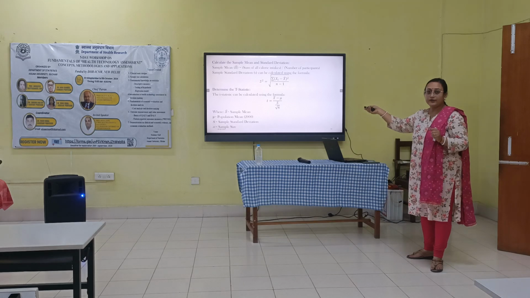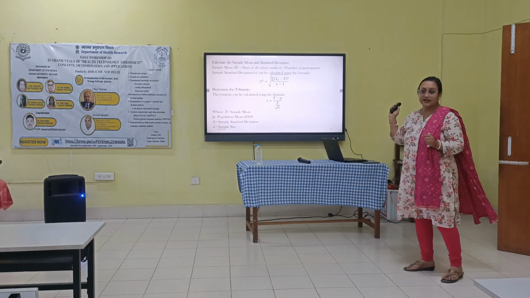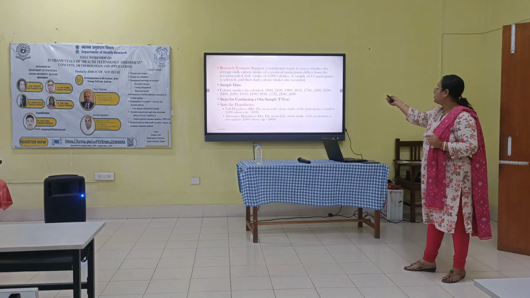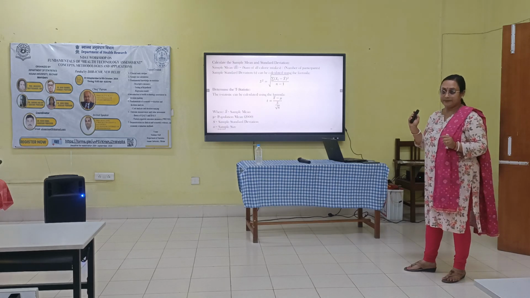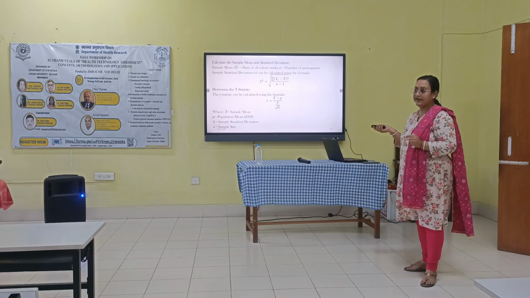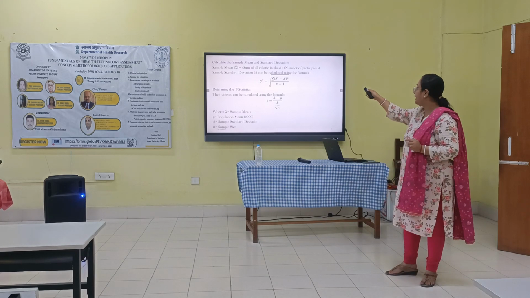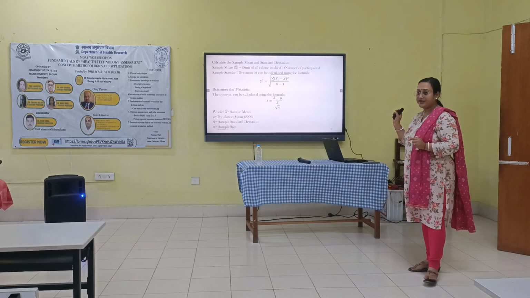Now, how will you perform the question? First we have to calculate the sample mean. We sum up all the calorie intakes and divide by the number of participants. There were 15 participants, so you sum up all the calories and divide by 15, and you get the mean x bar. From there you calculate the sample standard deviation.